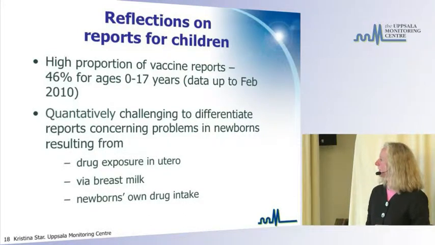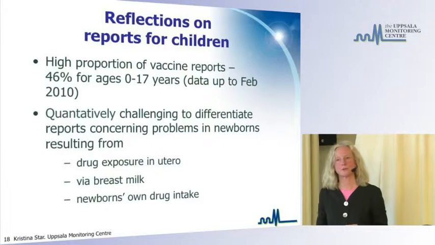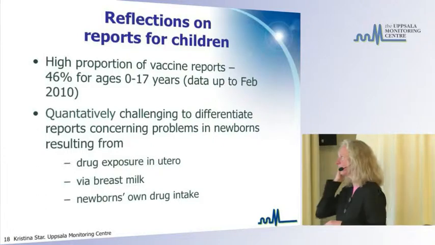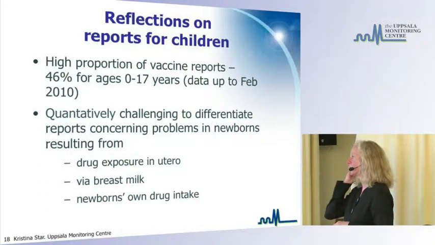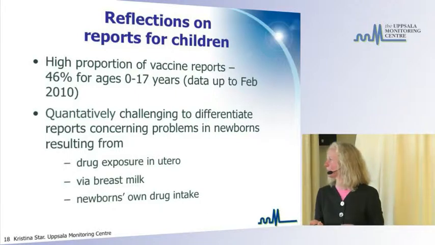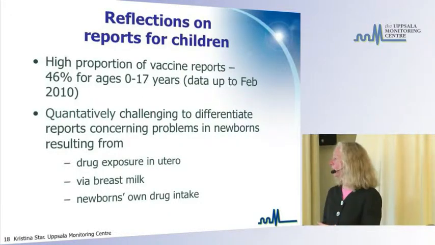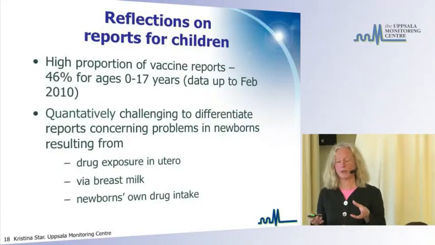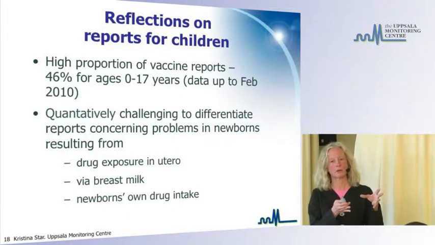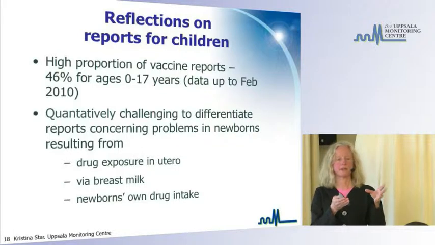And it was difficult, just by the age field, to differentiate problems related to in utero exposure, for example via breast milk, or newborns' own drug intake. That was difficult when we looked at the 1 month old. You have to relate the reaction to the drug.